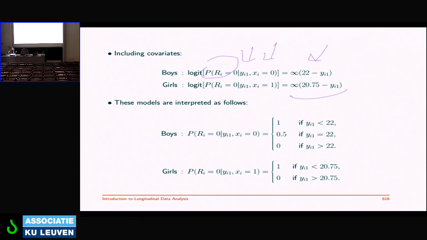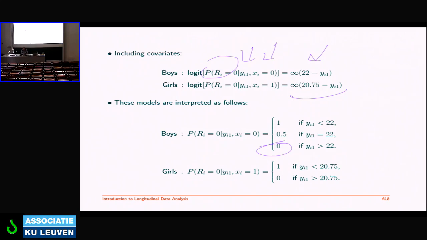So 0 times infinity, that would essentially correspond here to 50-50. But if you're above 22, that value is negative, and therefore minus infinity, a logit minus infinity corresponds to probability 0. So boys with values at the first time greater than 22, they stay. Smaller than 22, they go. And among the 2 children that have exactly 22, one stays, one doesn't. And that's explaining what we see.